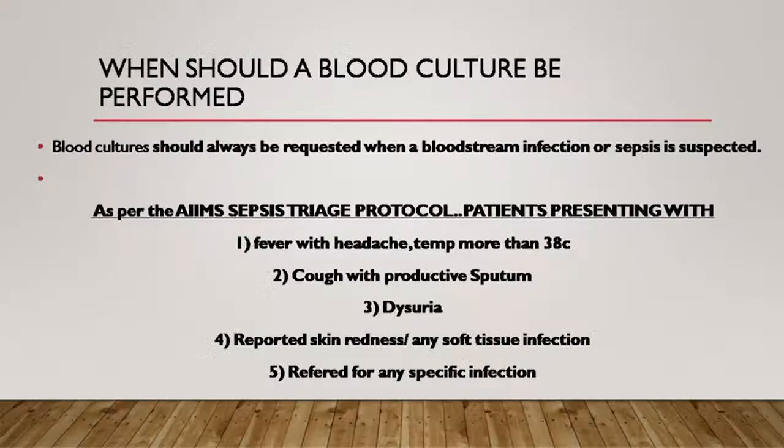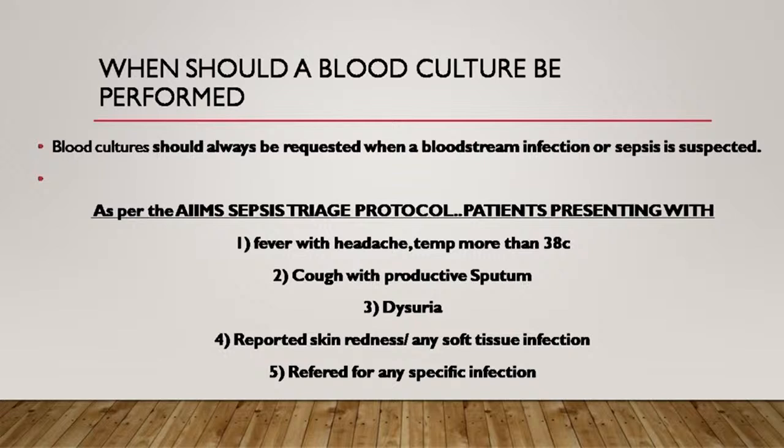Hello everyone, I am Dr. Gaurav Rajvanshi, junior resident from the Emergency Medicine Department, presenting you the video of sample collection for the blood culture in suspected patients of sepsis. First thing, when to suspect sepsis in a patient.